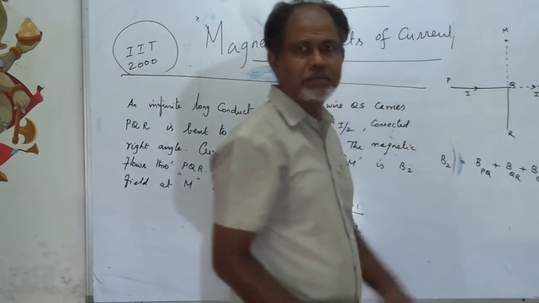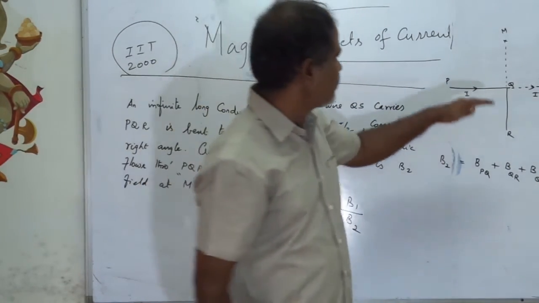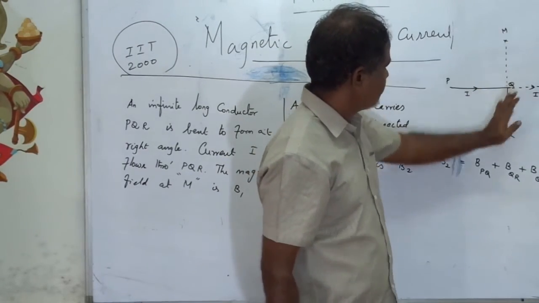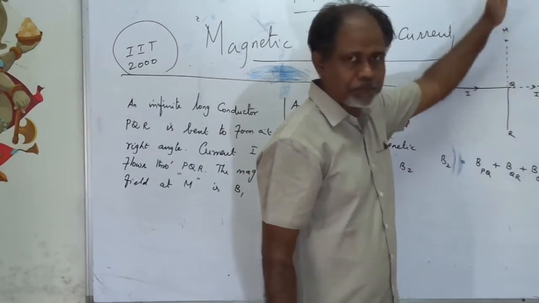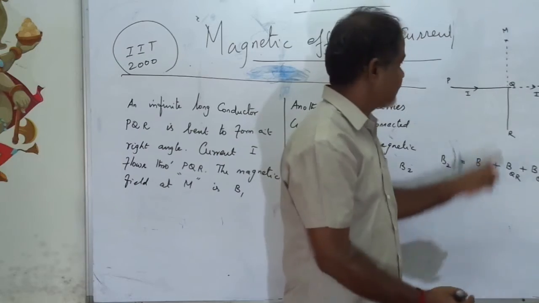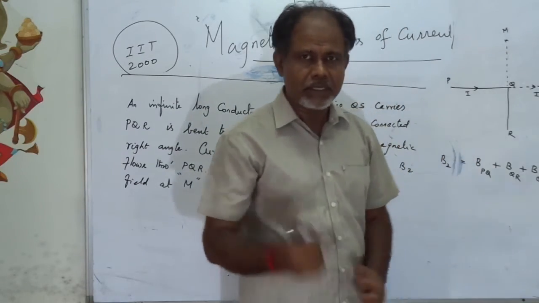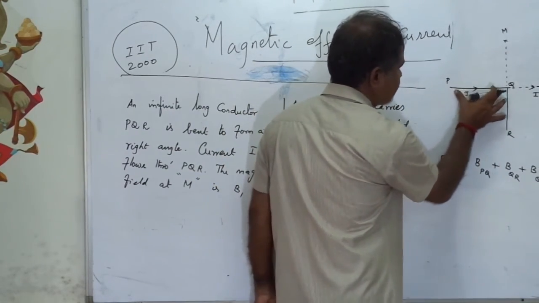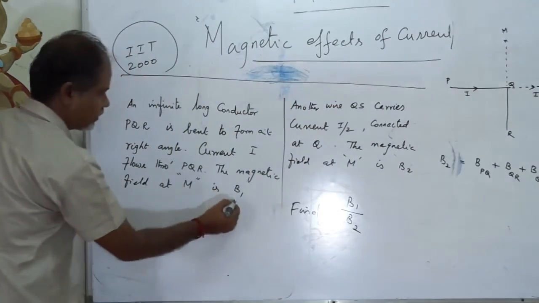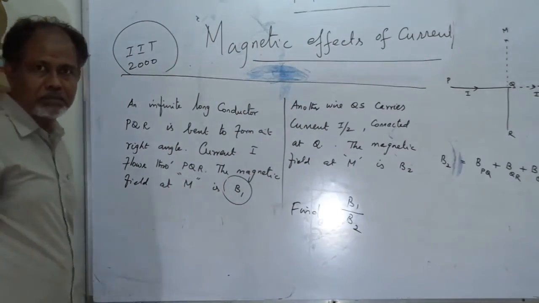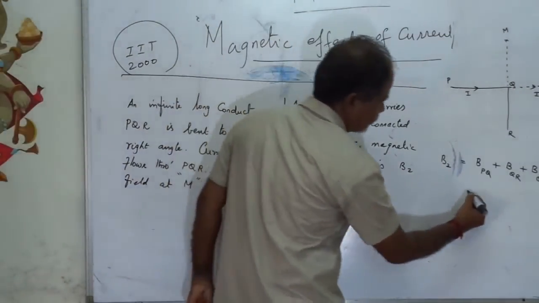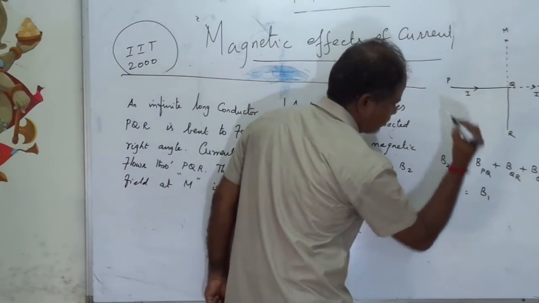The total effect is V2. What's the magnetic field due to this particular part alone? They gave this value, that is V1.